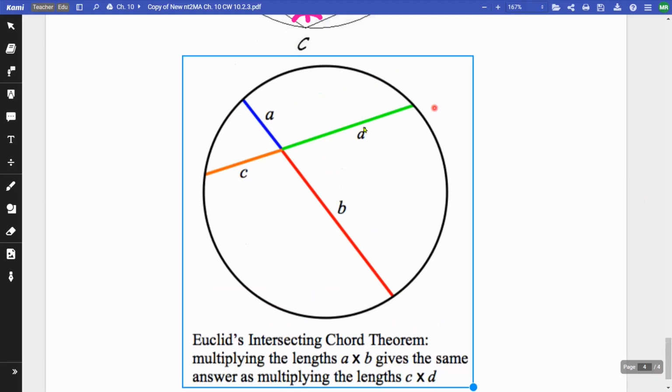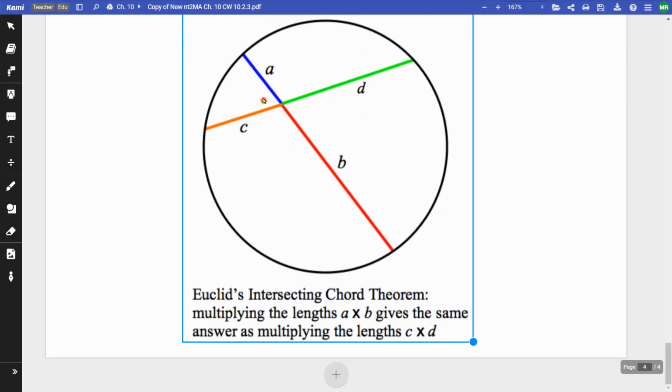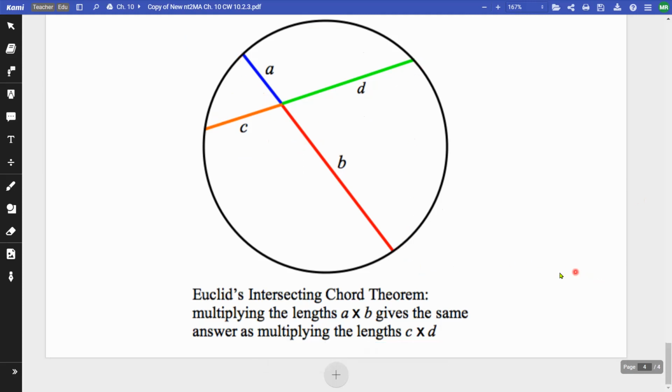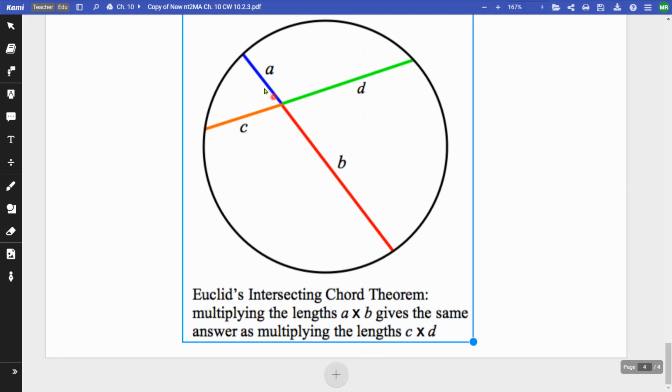Something else that we saw is when we have two chords intersecting in a circle. Okay, we saw that they were similar triangles that were formed if I connect from here to here and here to here. But another way of thinking about this is when these two chords intersect, the two segments that are formed on the one chord and the two segments that are formed on the other chord.